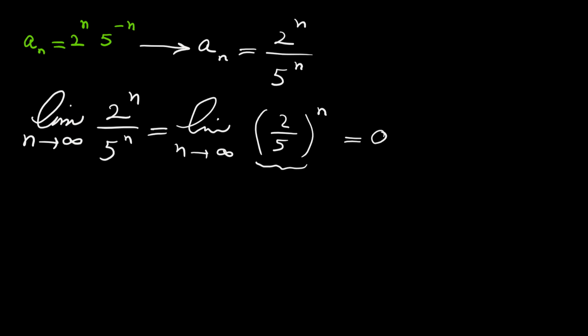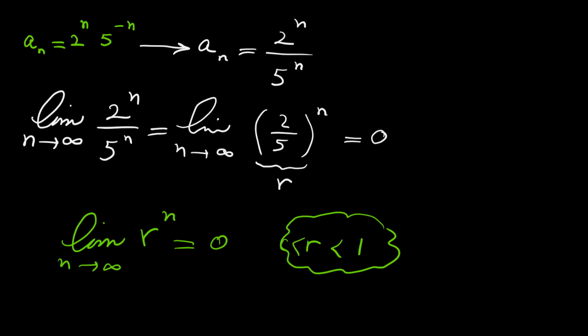Because, attention, if I name whatever is in the bracket as r, this ratio is less than 1. And when we have a number less than 1 raised to the power of infinity, the limit is 0. You should know this fact: the limit of r to the n when n approaches infinity is 0 if r is less than 1.